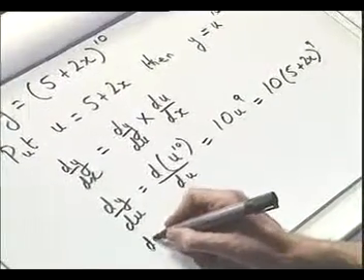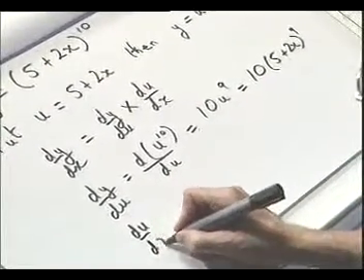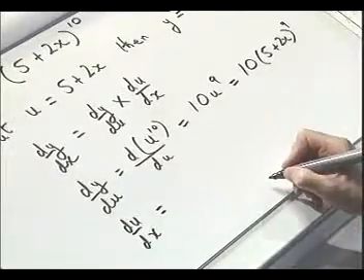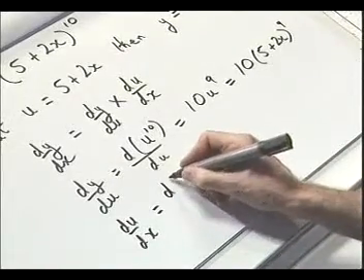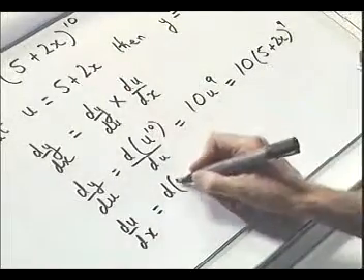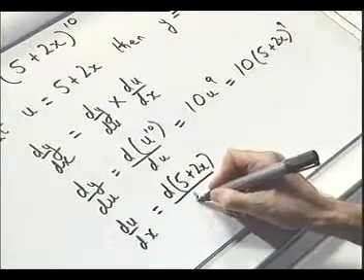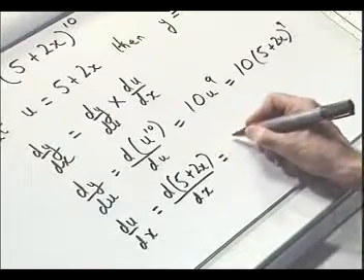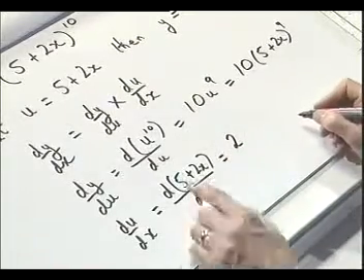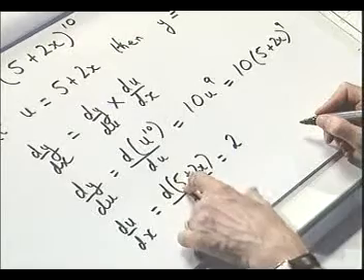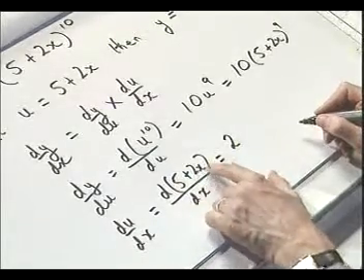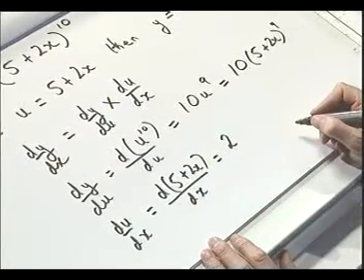And we can calculate du by dx. That's the derivative of 5 plus 2x with respect to x, and that's just 2, because the derivative of 5 is a constant, so that's 0, and the derivative of 2x is just 2.